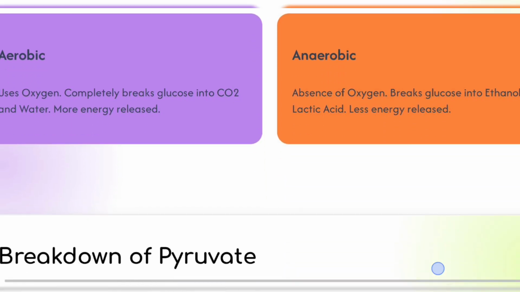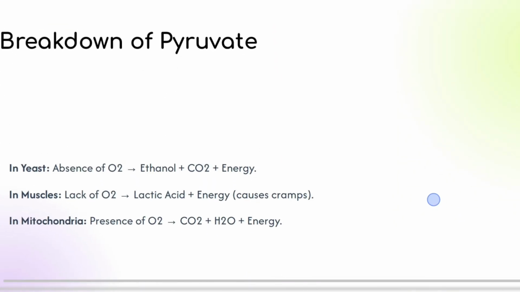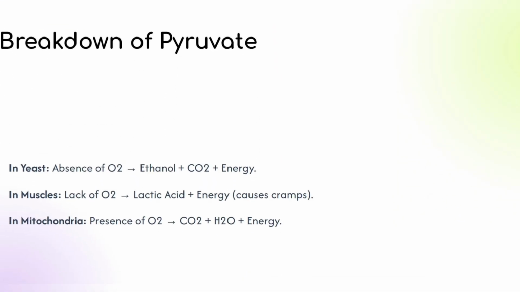Now next we will study the breakdown of pyruvate. Glucose is first broken into pyruvate. Then, depending on oxygen availability, different things happen. In yeast, with no oxygen, pyruvate is converted into ethanol plus carbon dioxide plus energy.